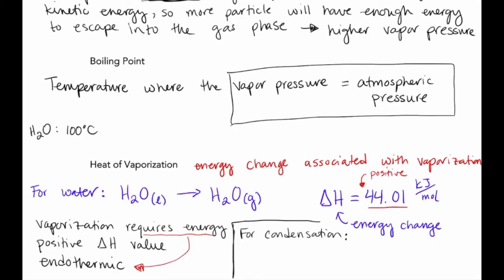For condensation, delta H, the change in energy, is going to be a negative value. That means energy is being removed. Everything's being cooled down. If we cool a gas down, it'll become a liquid again. It's going to remove that much energy from the gas, so we're going to see a negative value.